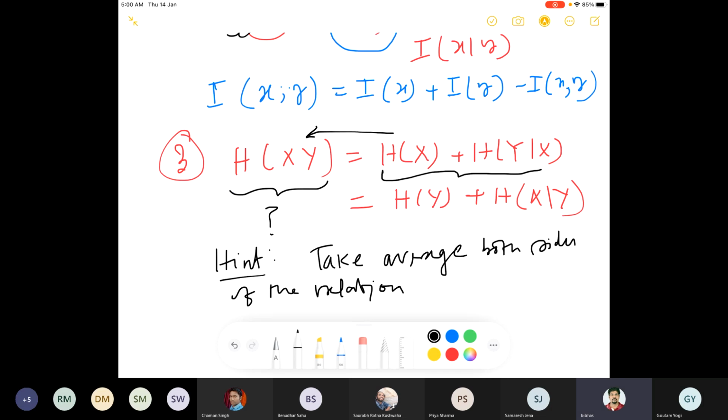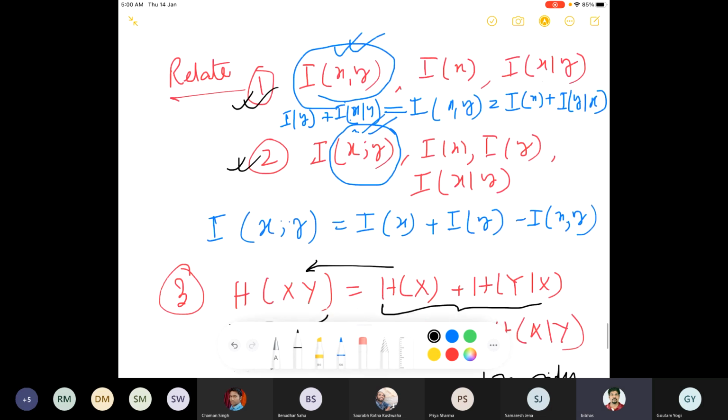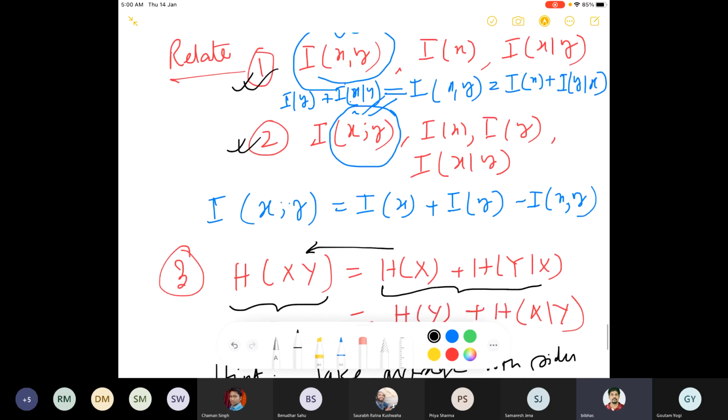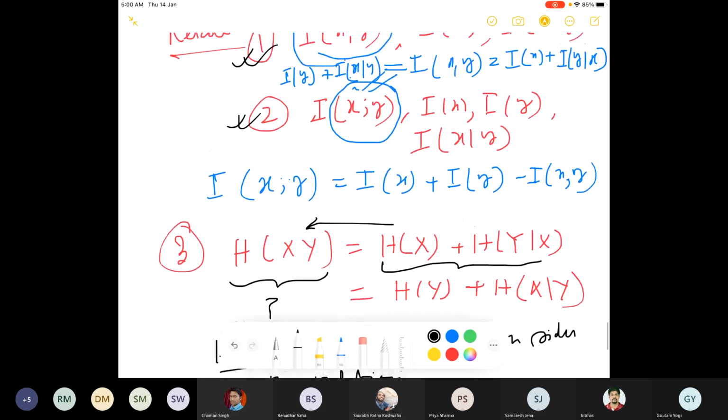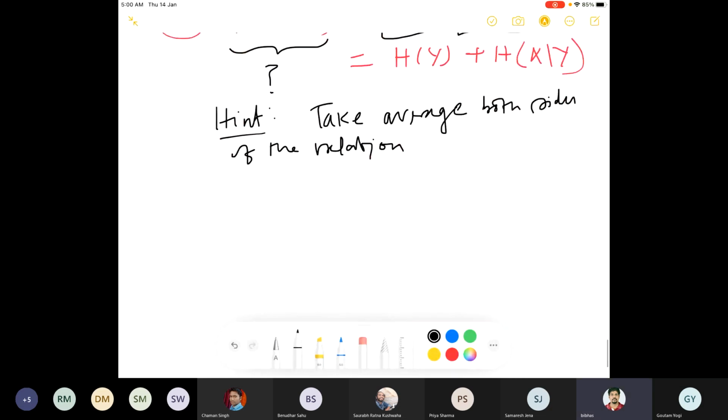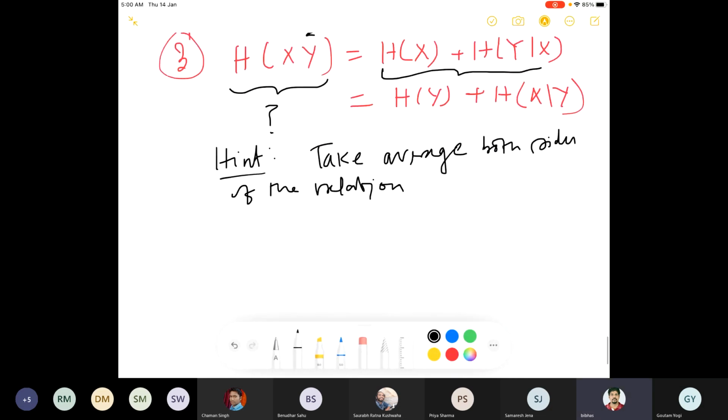Because these relations are defined for individual x and y, but when you are defining for capital X and capital Y, you have to take the average. This is the idea. Take the average of 1 and see what happens. This is the hint.